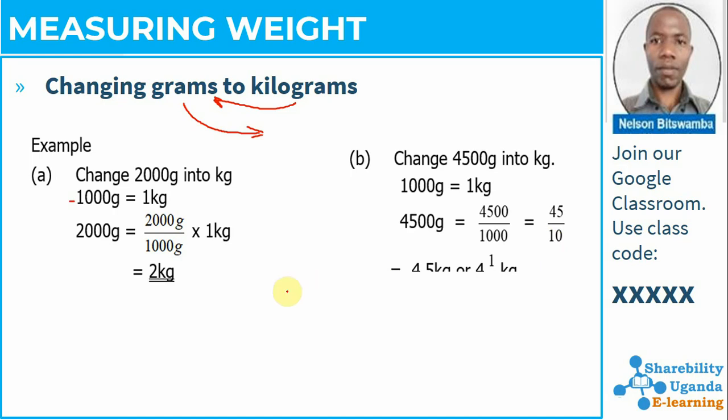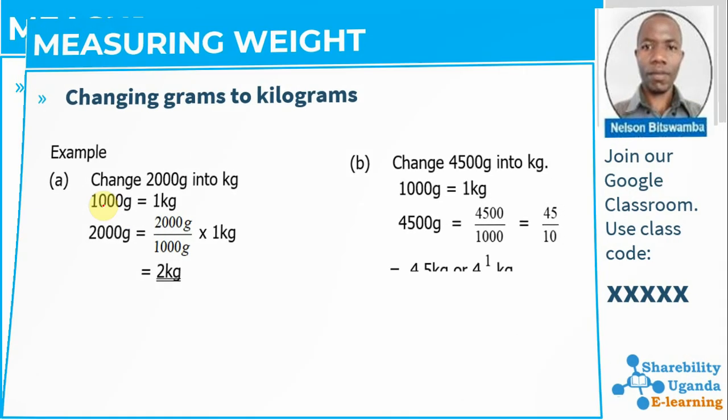That is the best way we can solve the numbers, kilograms to grams and grams to kilograms. The best concept is to understand that 1 kilogram makes 1000 grams, and then you can get the right answer.